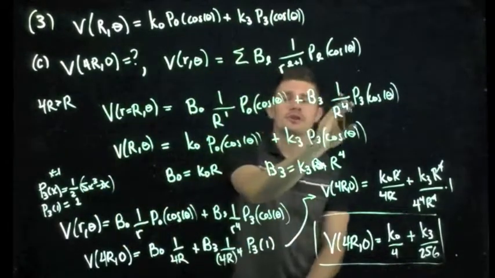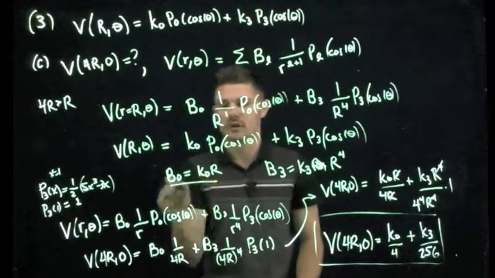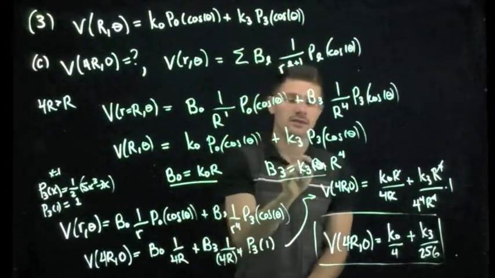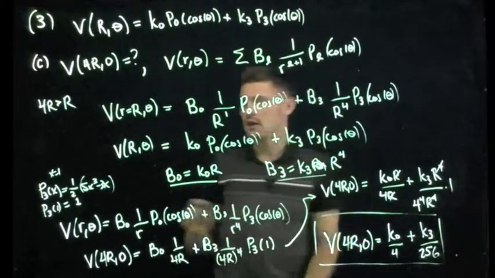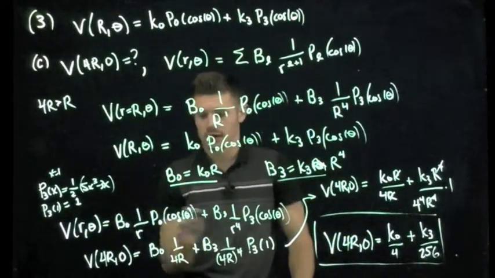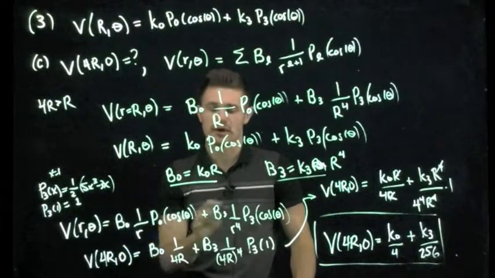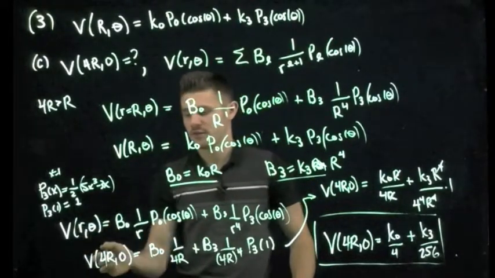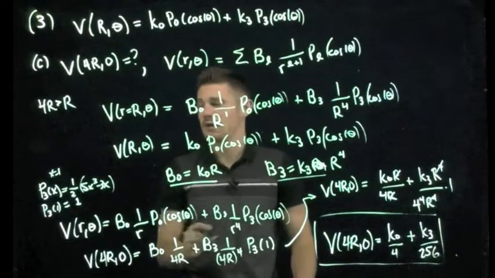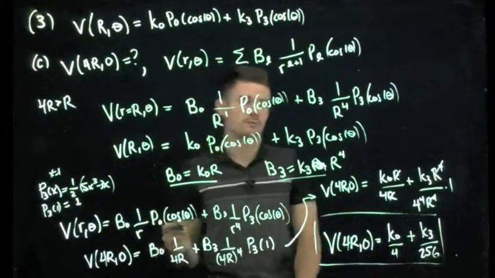We can use our boundary condition in order to set what we know for B0 and B3, where again this mistake here should actually be R to the 4th, which comes from this denominator here. Then we know the general form, given that we now have the coefficients B0 and B3, and then we can just plug in our value of little r equal to 4R and theta equal to 0, again with our P3 of 1 equal to 1.